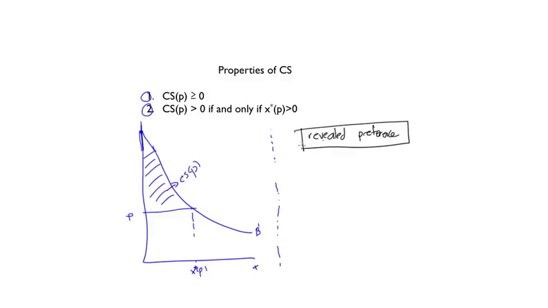Remember that the consumer surplus is basically the net benefit from moving from a situation in which you demand nothing to a situation in which you demand the optimal amount. Now, since you can always choose nothing, so 0 is feasible, it has to be the case that the move to x star of p makes the consumer better off.